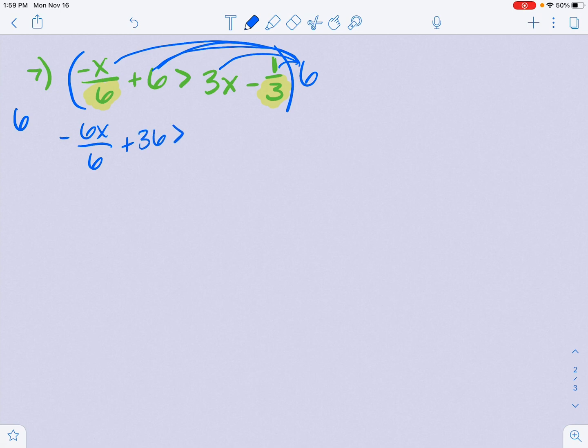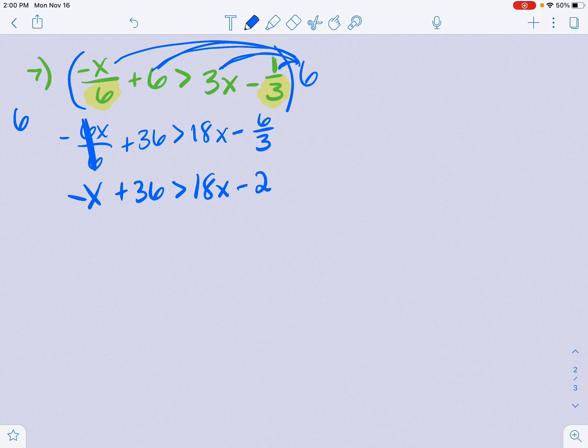Bring my sign down, 6 times 3, which is 18x. And then 6 times the 1/3 would be minus 6 over 3. Well, what happened when we multiplied by 6? This cancels, so we're left with negative x. 6 divided by 3 is 2. So now my fractions are gone, and we can solve just like normal.